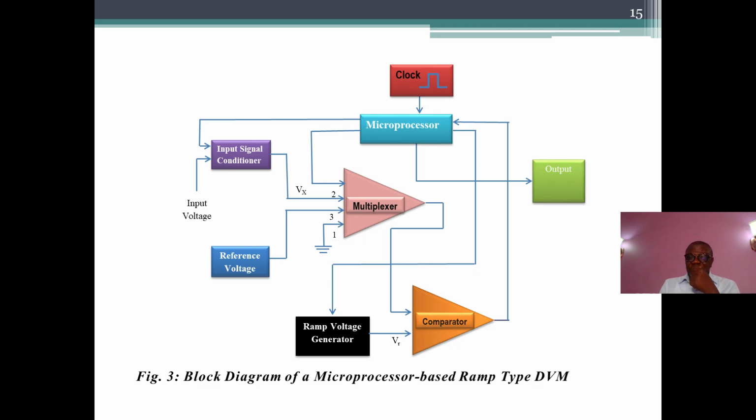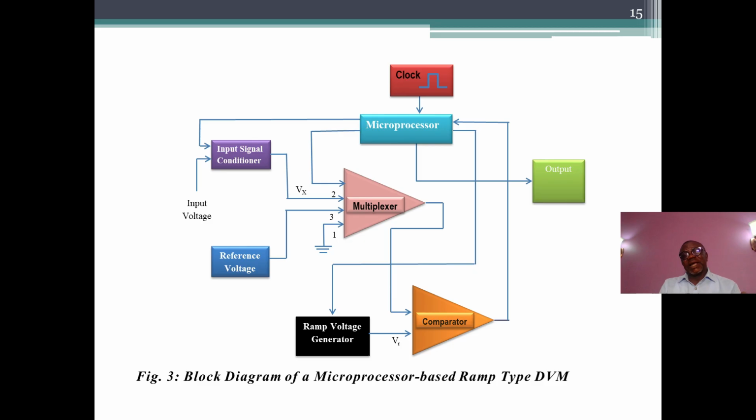That output is fed to the microprocessor and serves as the next input to the multiplexer, which also sends the signal to the input conditioner that conditions what is coming again as Vx back to the multiplexer.